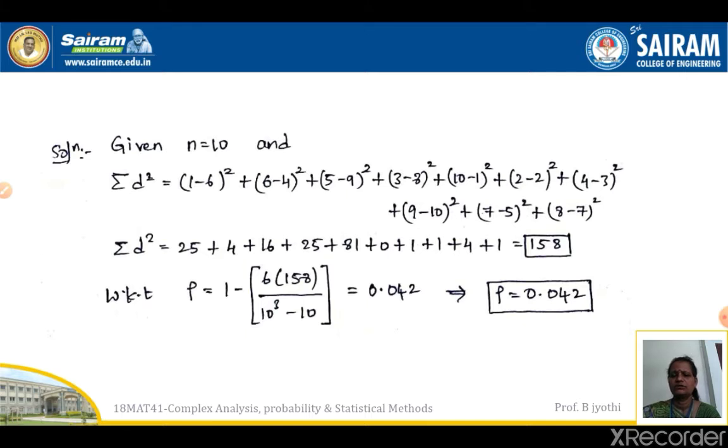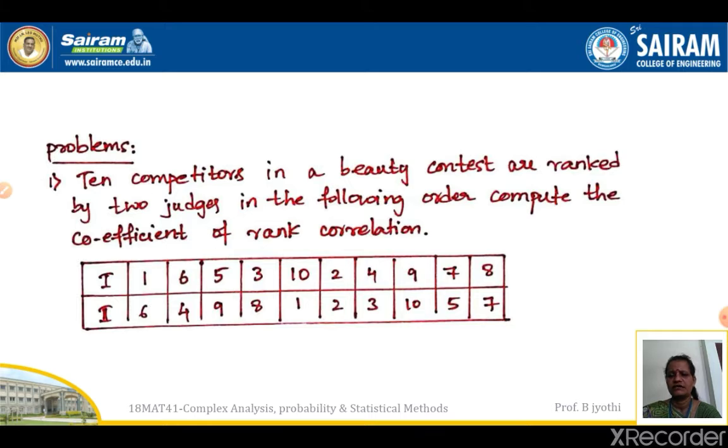So the total number of contestants, n, is 10, and sigma d square is calculated by taking the differences between the two ranks, as we can observe in the previous slide. Here 1 and 6 for the first contestant.